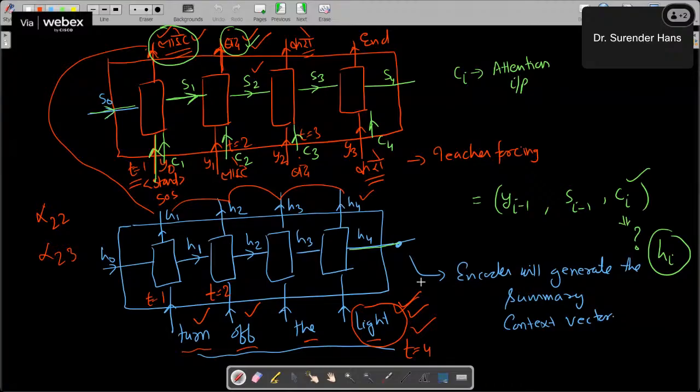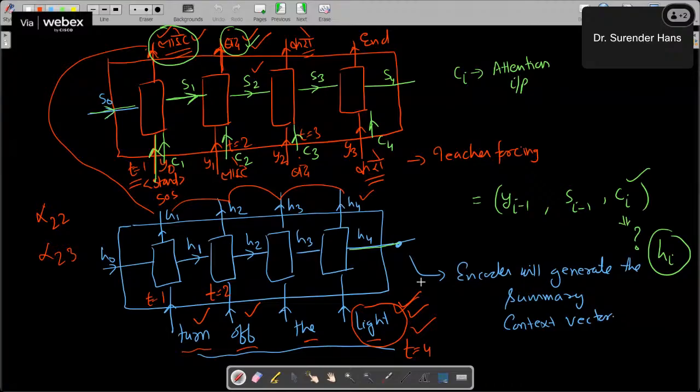The problem is, when you provide a long sentence, kind of one paragraph, this context vector will get overloaded, because all the load is on the context vector, since it is a kind of summary. So the decoder will not generate the correct output.